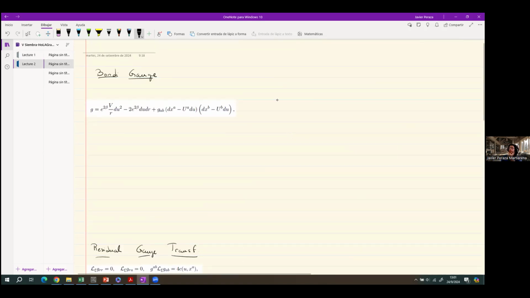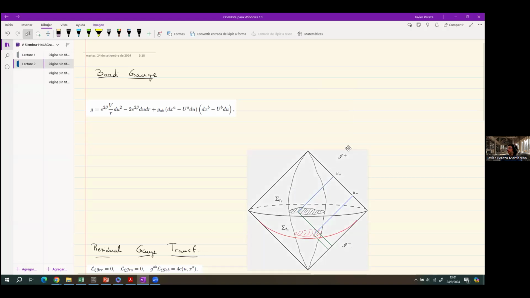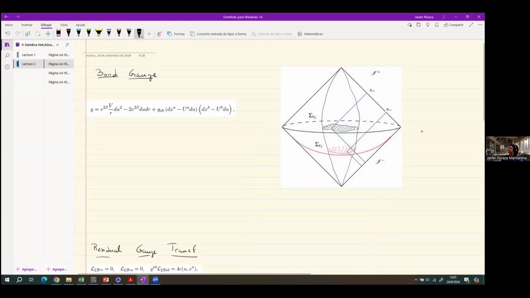We consider Bondi gauge. Bondi gauge is a gauge in gravity that allows us to study radiation at null infinity. Let me put up this drawing that I have here. We have some space-time that contains matter in some compact sets. This is a Cauchy surface at T1, containing a compact set within which is the matter content of the space-time, and the same goes for sigma T2.